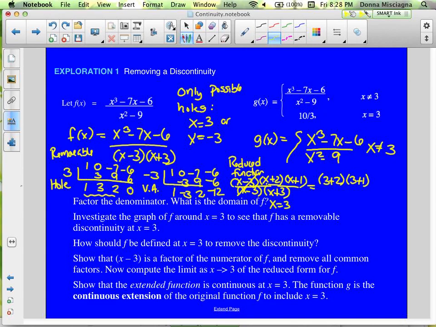And so I want to double check. I hope I get 10/3. But I don't get 10/3. Do I have a factor in here? x plus 2, x plus 1.